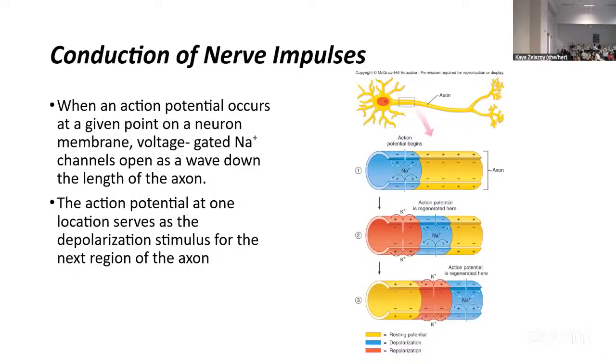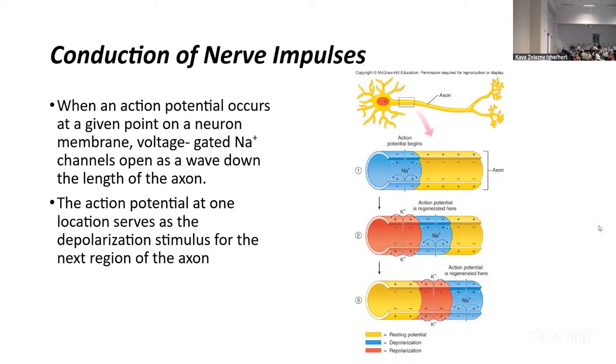We're going to think about how this happens in two different types of neurons. What we're thinking about here is conduction of nerve impulses, so how these charges are traveling, or we can also think of it as propagation of the action potential. You'll see on another slide. So how we propagate, so make more of this action potential continuing down the line.